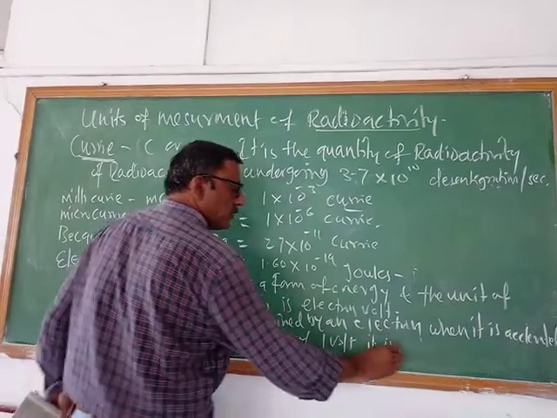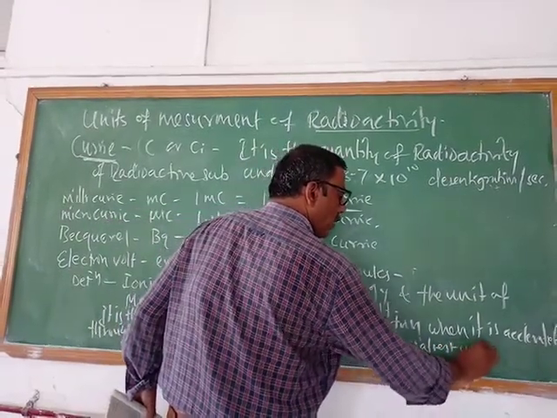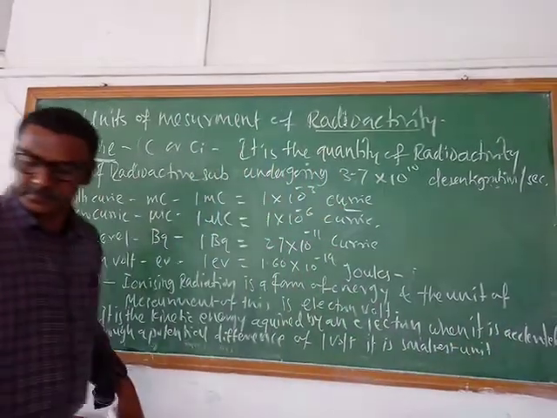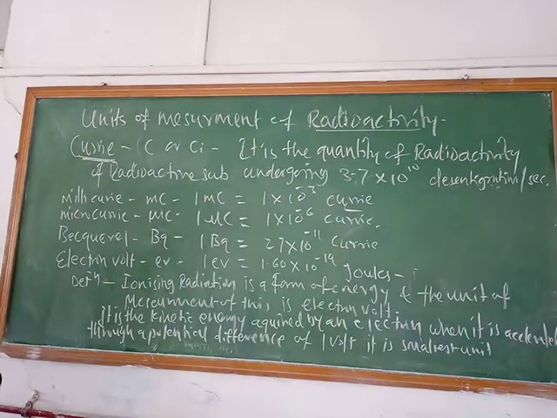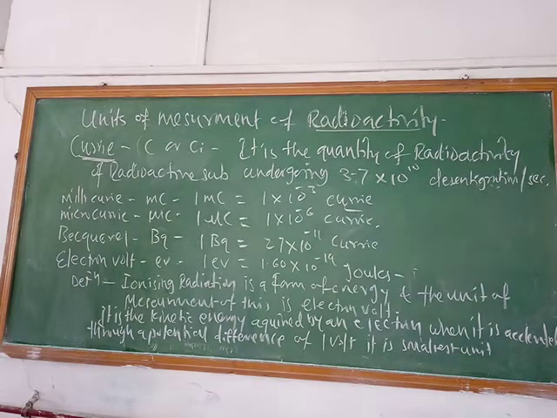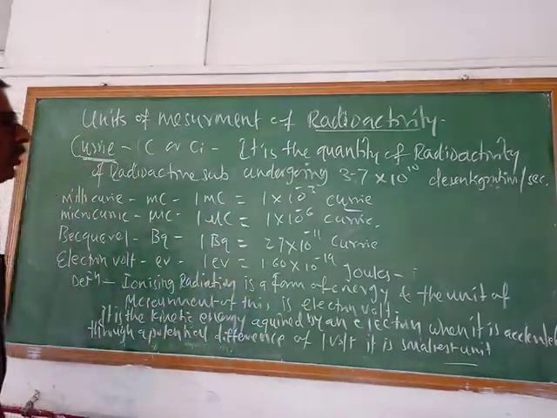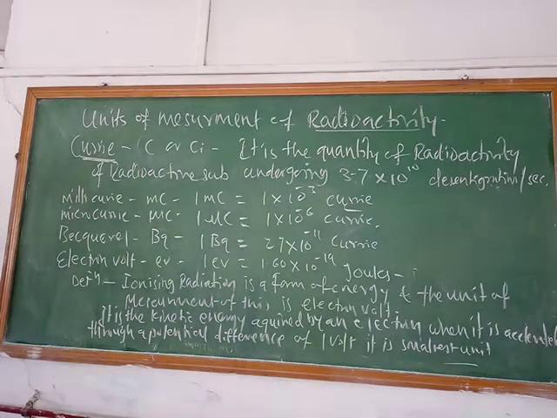It is the smallest unit. 1 eV is equal to 1.60 into 10 raised to minus 19 joules.